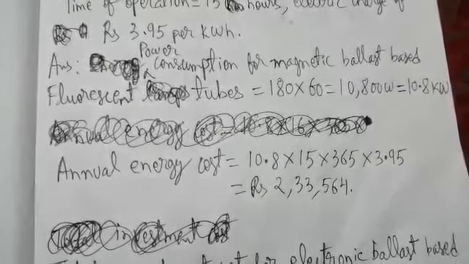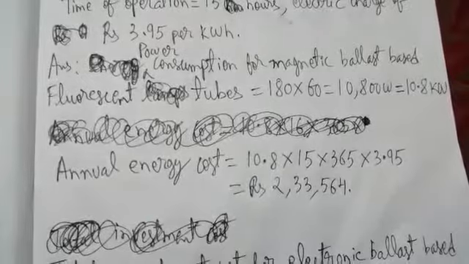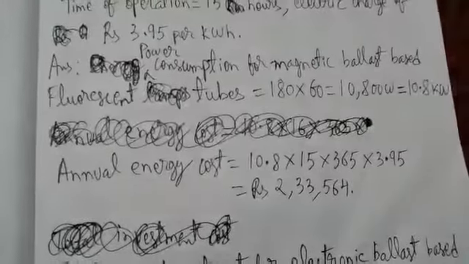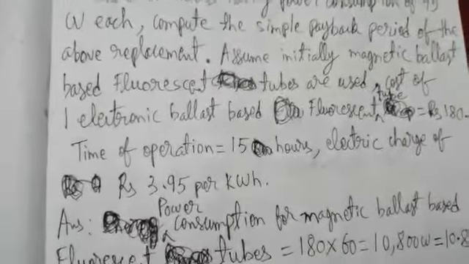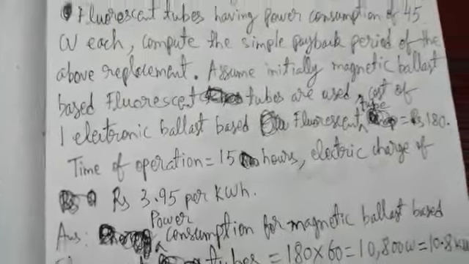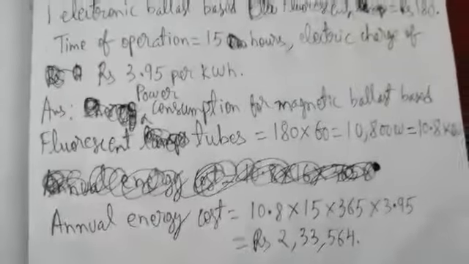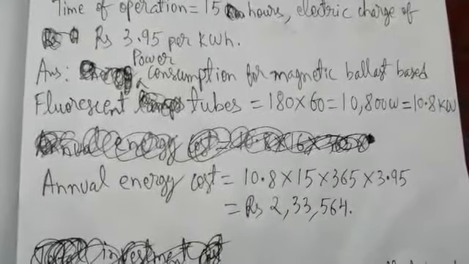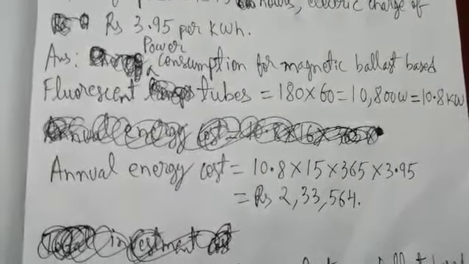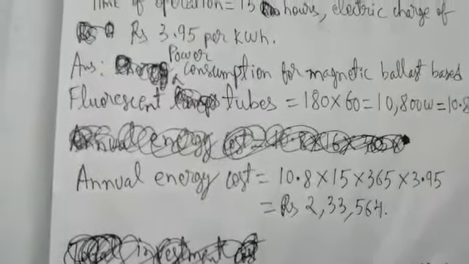So 10.8 into 15 into 365 gives us the annual energy. And if you want to get the annual energy cost, then multiply this energy with the tariff of energy. Tariff of energy is given as 3.95 per kilowatt hour. So 10.8 into 15 into 365 into 3.95 is rupees 2,33,564, our total annual energy cost.